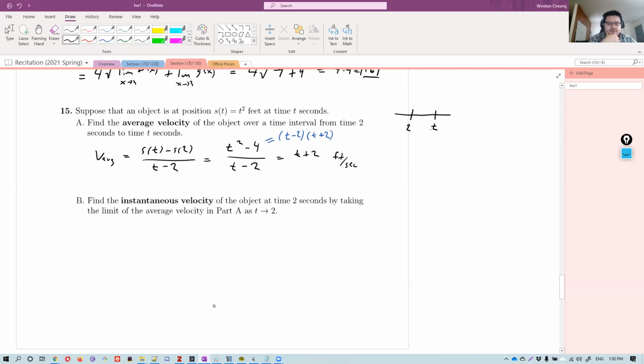In particular, here we want to make t approach 2. So we say that it's the limit, and we still have this being the expression for average velocity. So we're going to use that, but we're going to make t approach 2 of this expression.